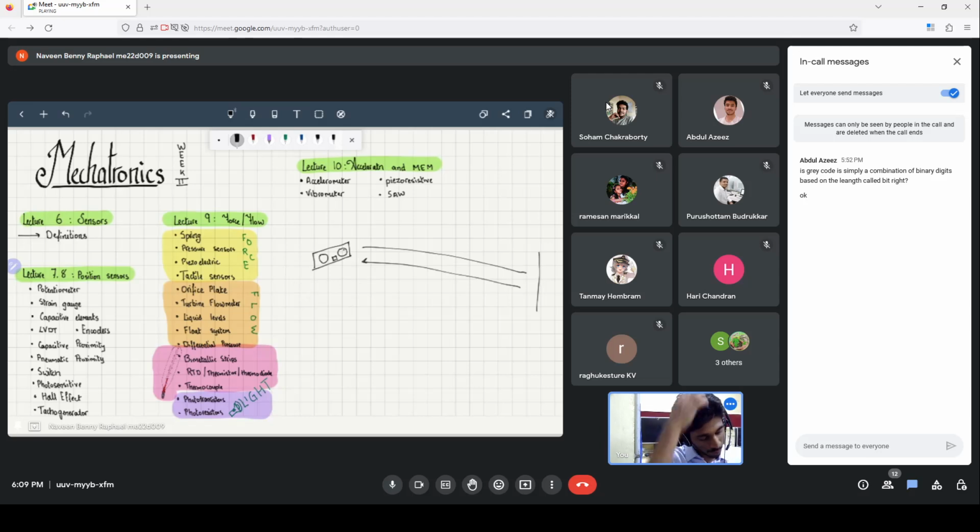Now, since we know when we send the sound, and we know when the sound sensor received the sound back, we have a time.